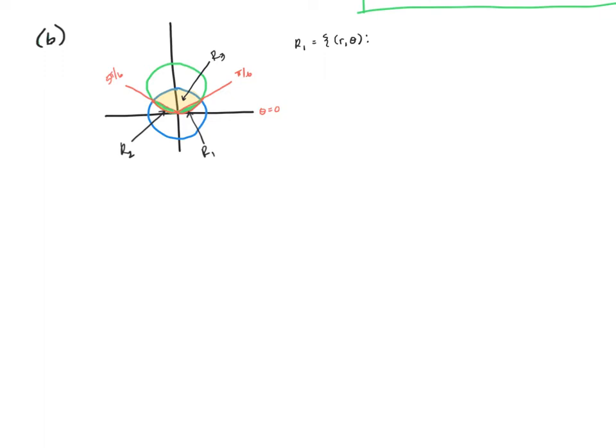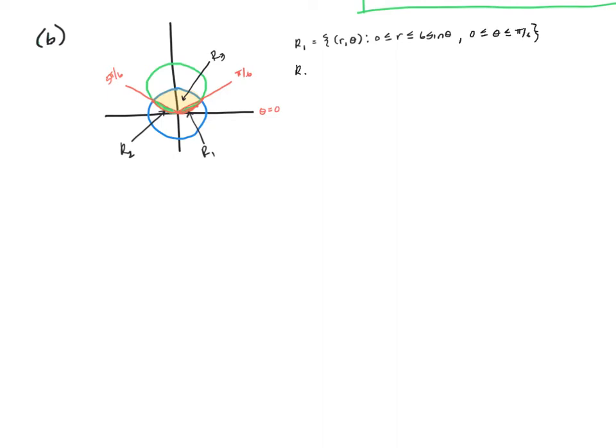If I draw a little line anywhere in here, it's going to start with an r value of 0 to an r value that corresponds to that green circle, and that green circle is 6 sine theta. So the r values are going to go from 0 to 6 sine theta, and the theta values are going to go from 0 to pi over 6.